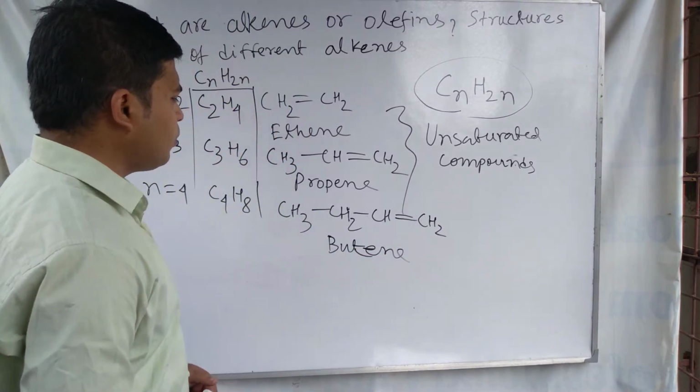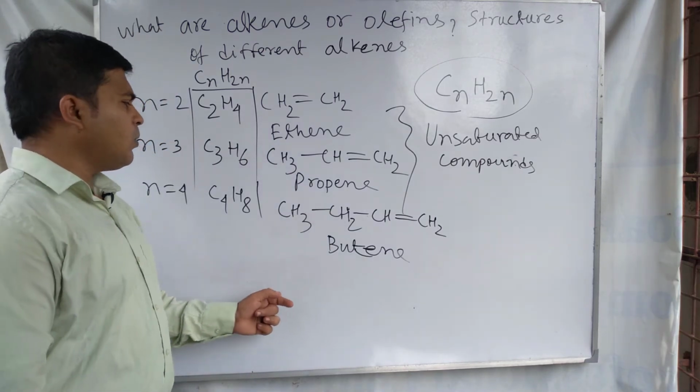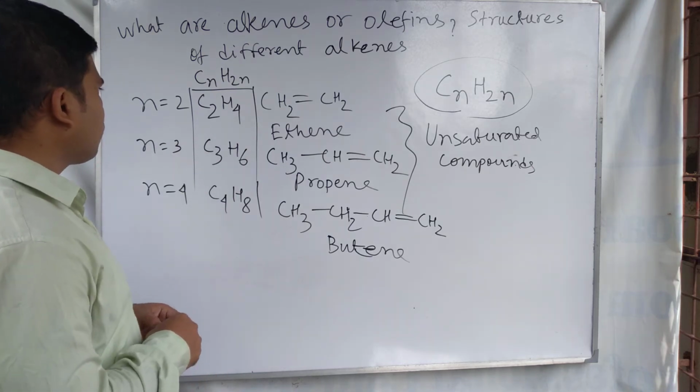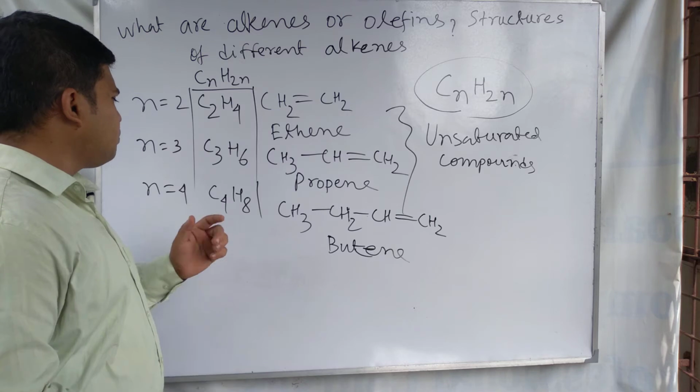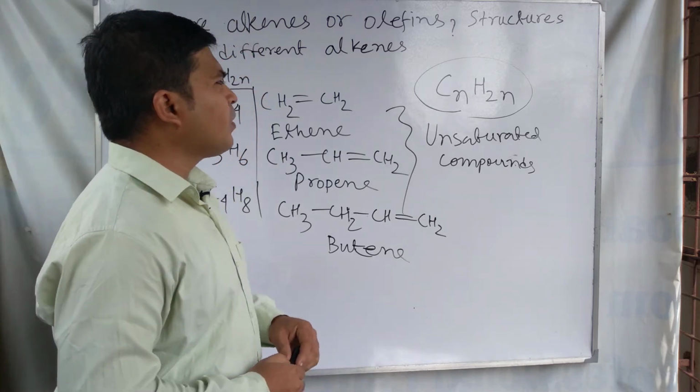You can write both. Similarly, by placing 5 you can draw pentene, and so on. This is the chemical formula for the alkene family, CnH2n.